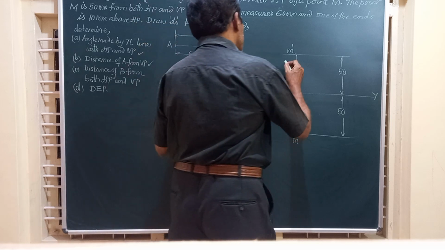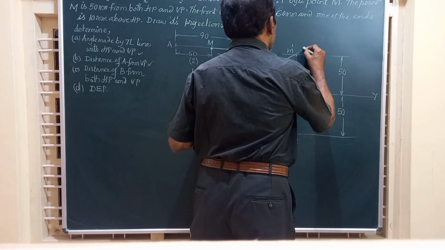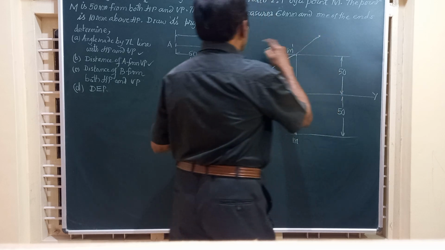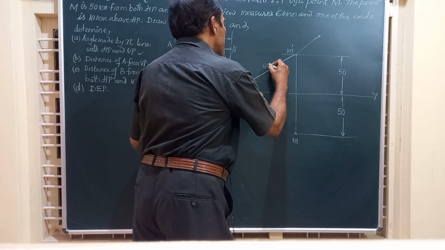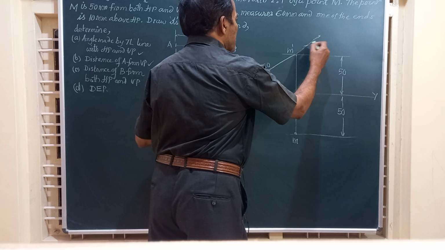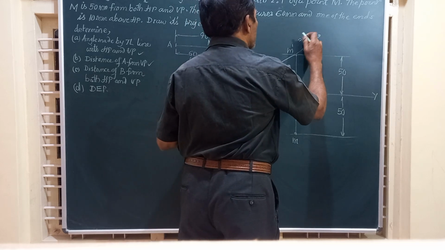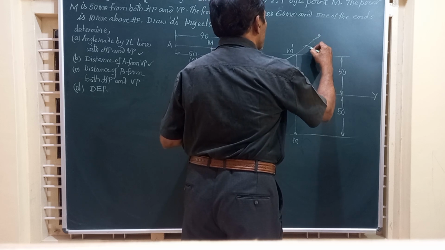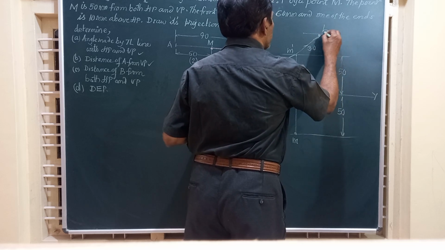I will join this with m dash and simply extend that by a distance equal to 30 millimeter. This is 60 and I will extend it further by a distance of 30 millimeter. So I will mark this side 30 millimeter and I will call this point B1 dash.